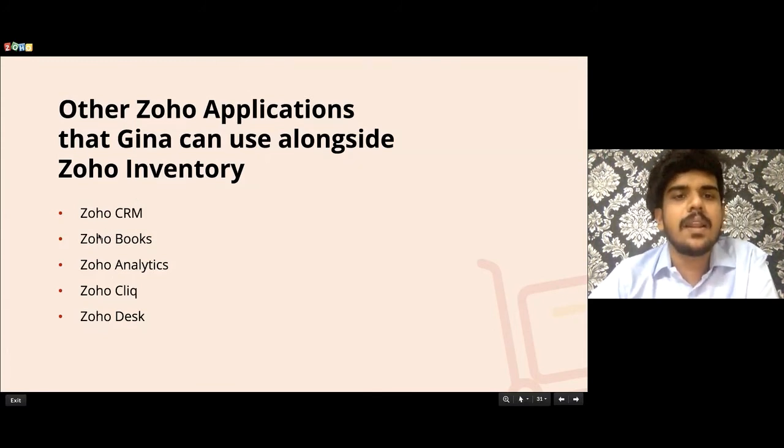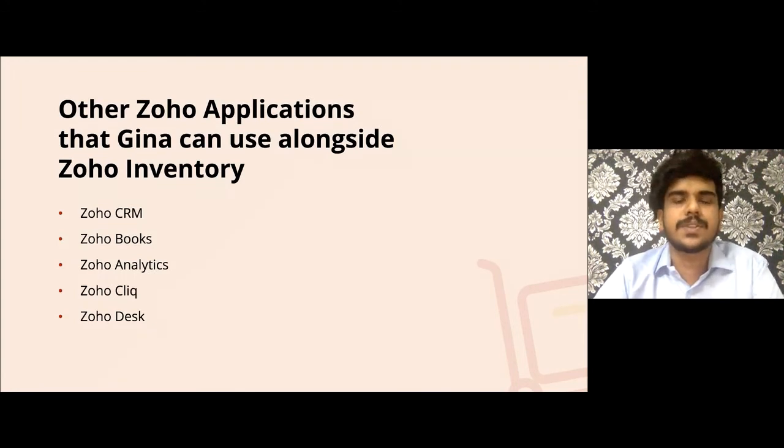Zoho Books is our accounting tool, and Zoho Books and Zoho Inventory have a seamless integration. If you are using both at the same time, you can do all your inventory operations using Zoho Inventory. In the meanwhile, Zoho Books will take care of all your accounting related operations in the backend.